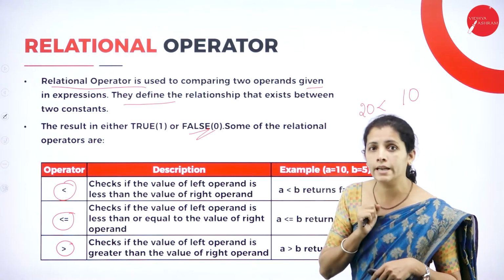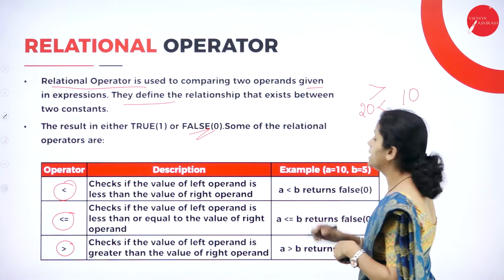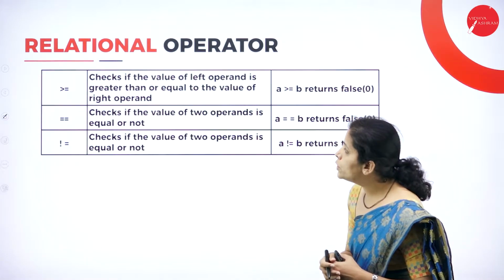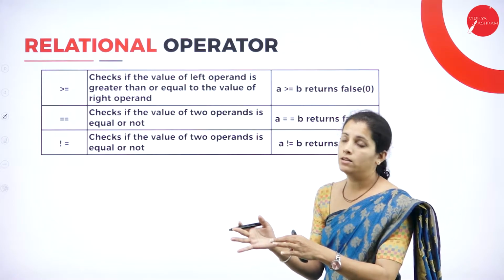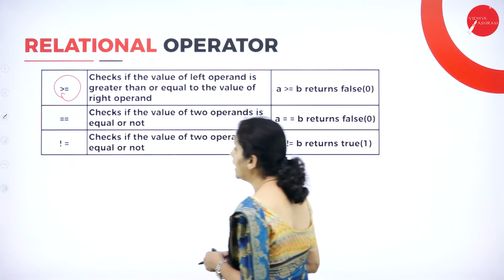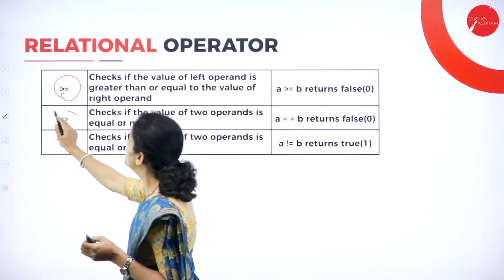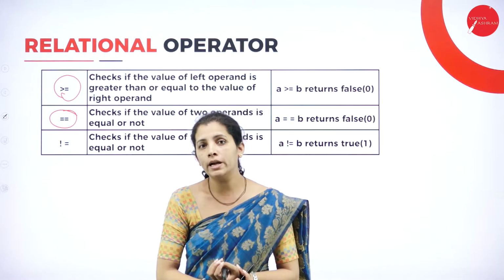So what is this greater than? I'm going to check if 20 is greater than 10, and once again 20 greater than or equal to 10. And then I'm going to have the equal operator. So what is the need of the equal operator here?